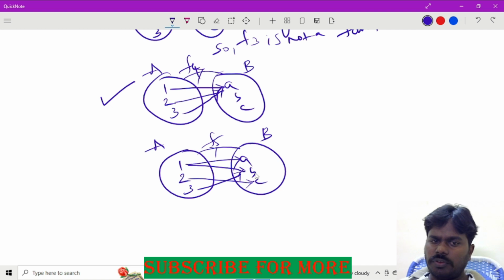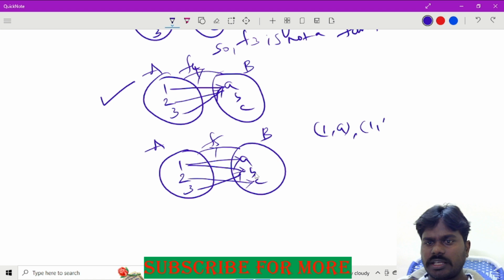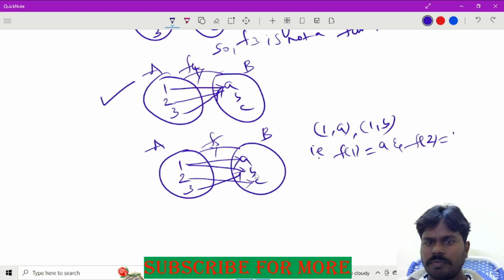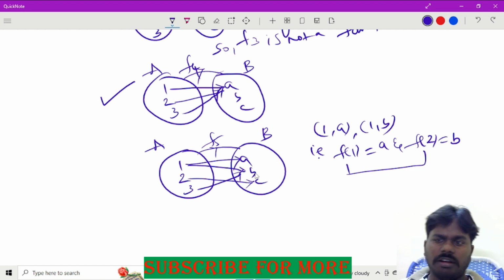Now if you see this, here element 1 has both images, meaning 1 is mapped with a and also 1 is mapped with b. That means the element 1 has two images. f of 1 equals a and also f of 1 equals b. So this contradicts our basic definition of a function. So this is not a function.